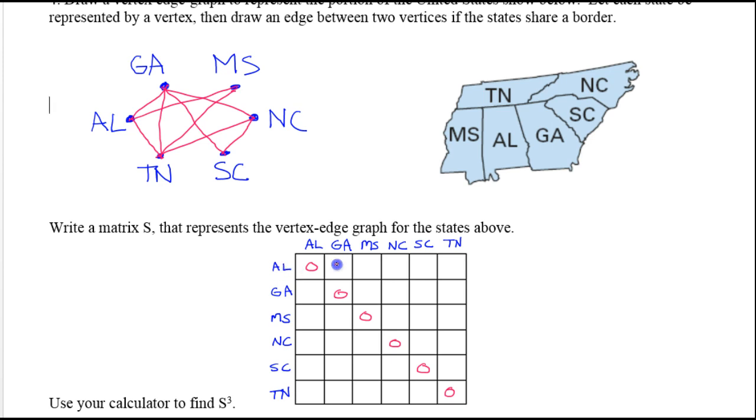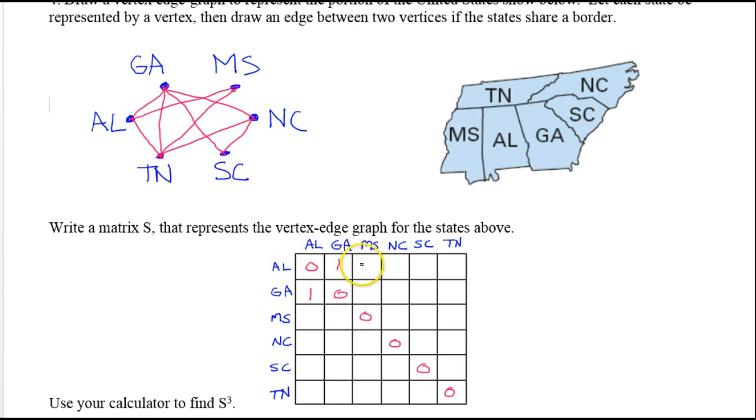Now, notice that every entry that I record will have a duplicate entry on the opposite diagonal. So, for example, does Alabama share a border with Georgia? Yes, it does. Well, that automatically means that Georgia shares a border with Alabama, so we duplicate that. That's going to happen every time.